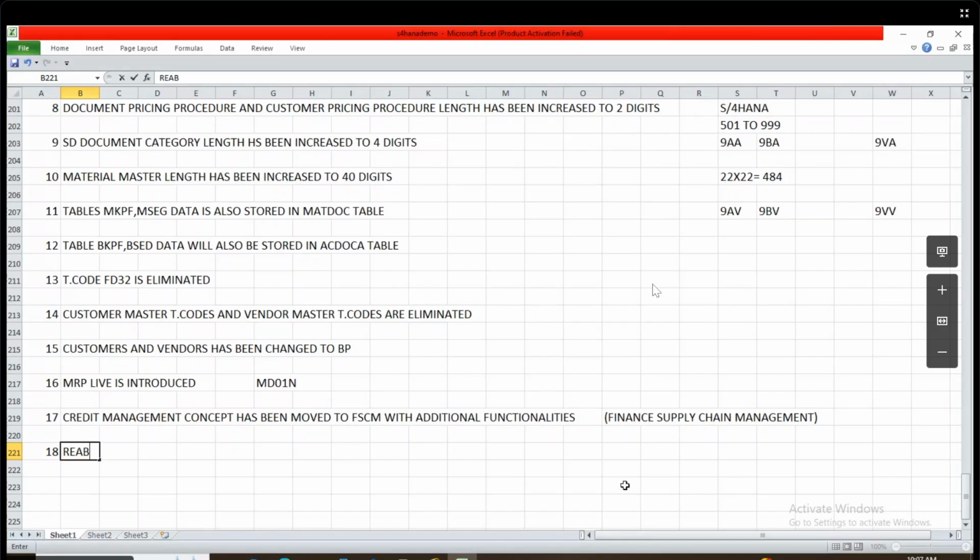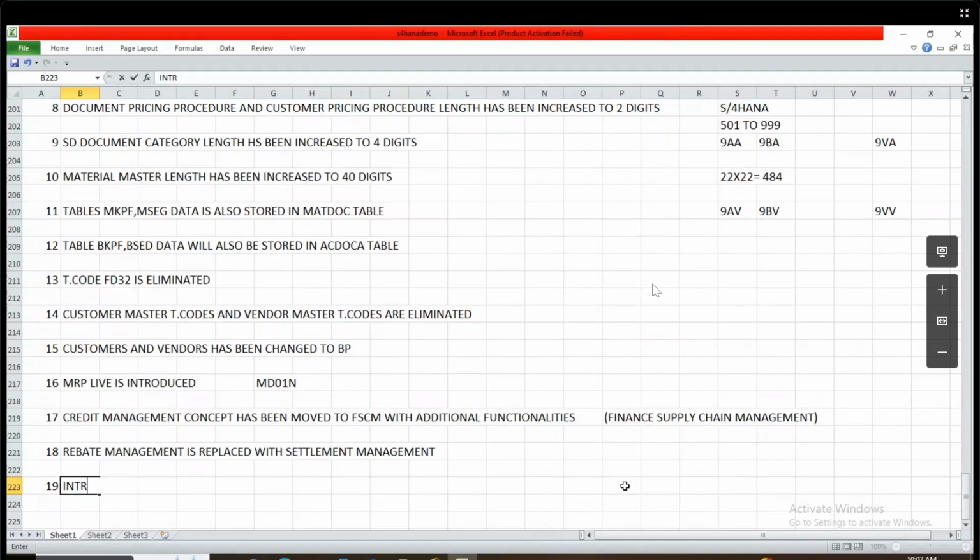Rebate management is replaced with settlement management. Settlement management concept is introduced. Sir, will the settlement management concept be used in all projects or only specific projects?